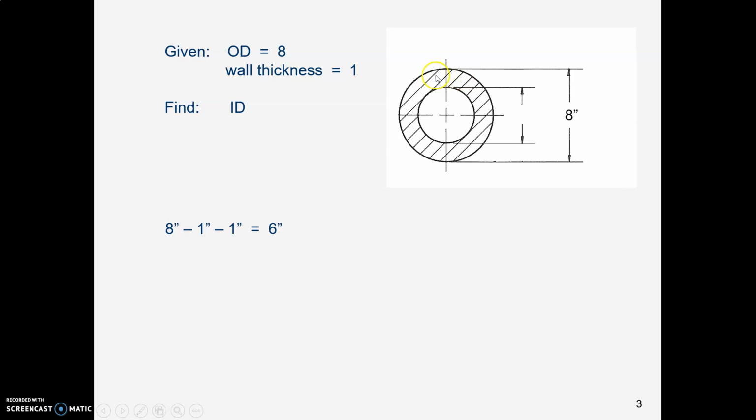There's a wall thickness of 1 up here and another wall thickness of 1 down here. So 8 minus 1 minus 1 gives us 6. The inside diameter is 6 inches. Like this: 1 inch, 1 inch, 6 inside.